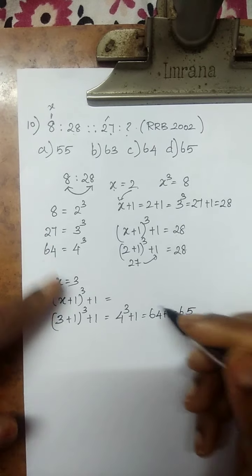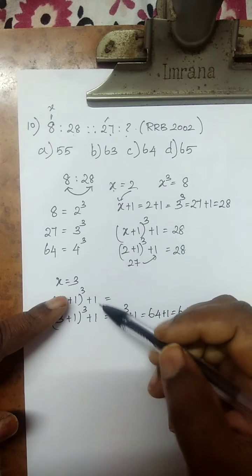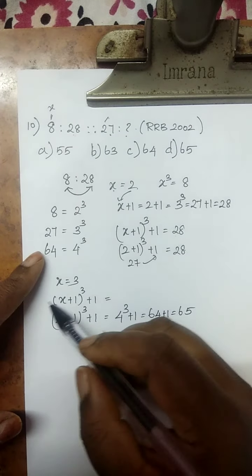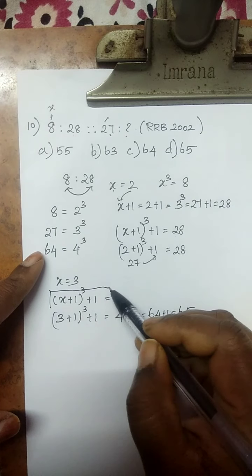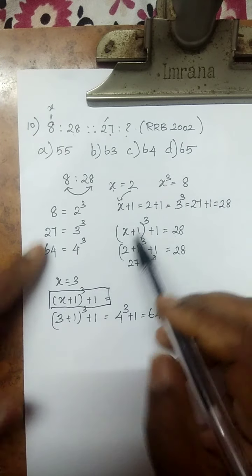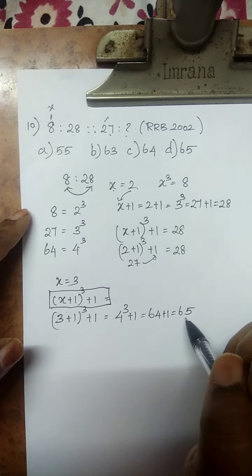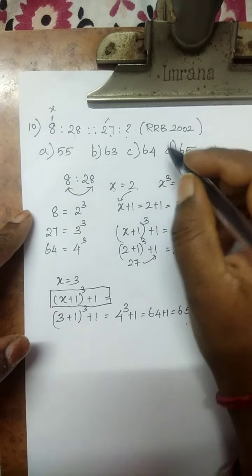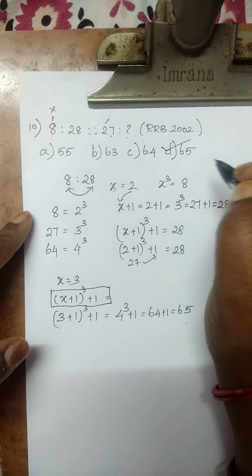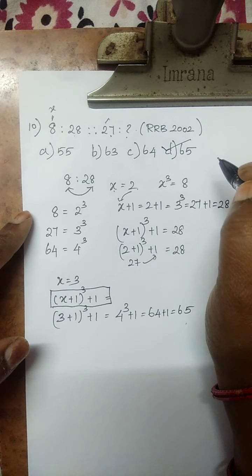So this x plus 1, the whole cube, plus 1 is the clue or the relationship between 8 and 28 and 27, and we get the answer 65. So 65 is the right answer.